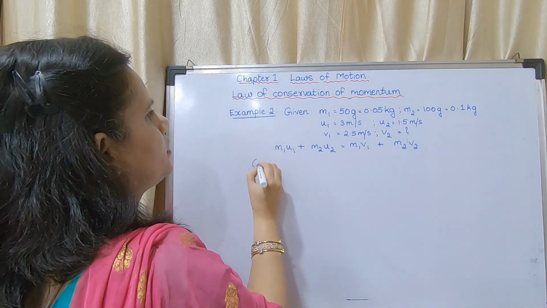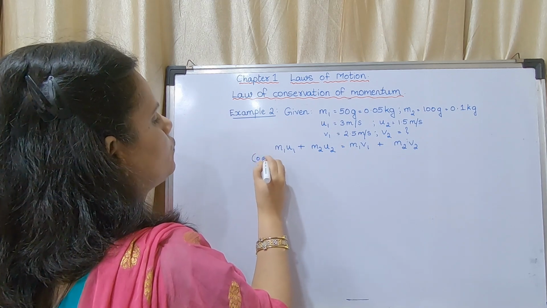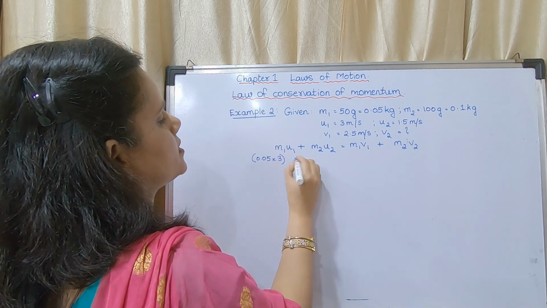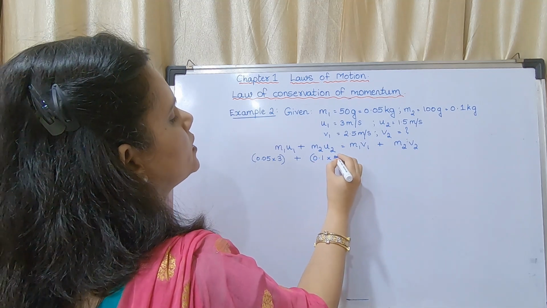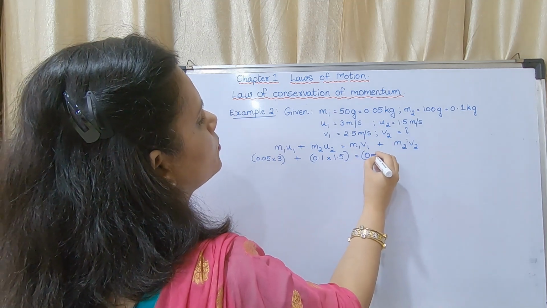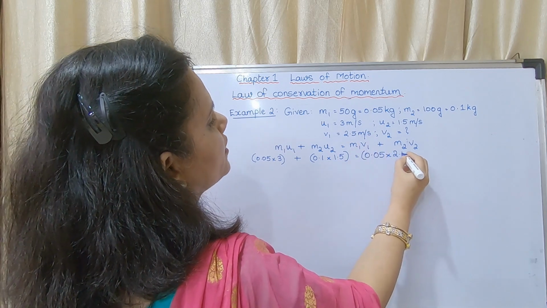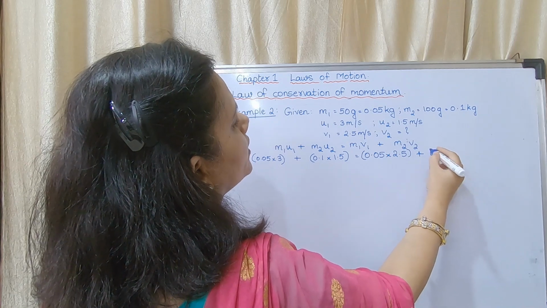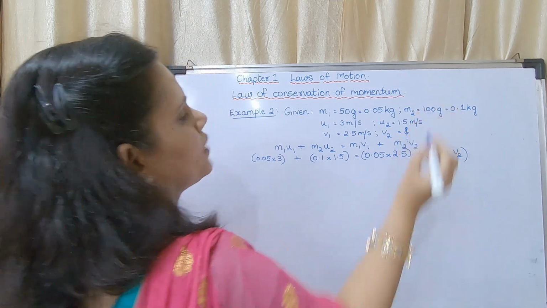So m1 is 0.05 into u1 is 3 plus m2 is 0.1, u2 is 1.5, equal to m1 is 0.05, v1 is 2.5 plus m2 is 0.1 into v2. v2 we don't know, we have to find it out.